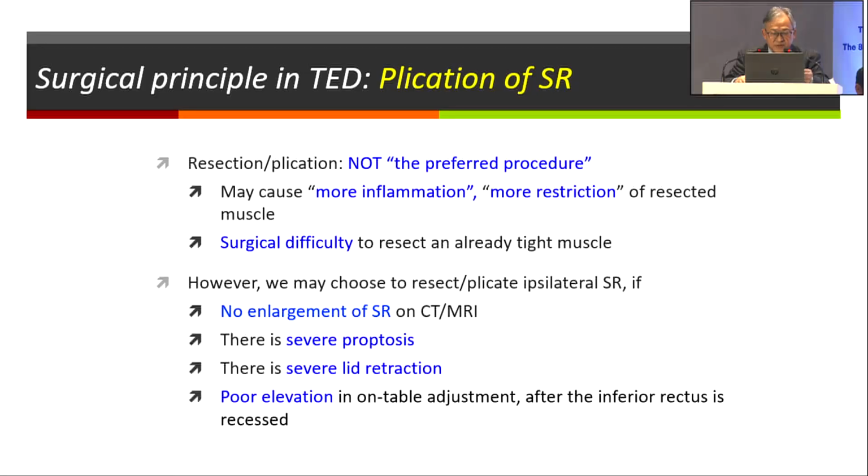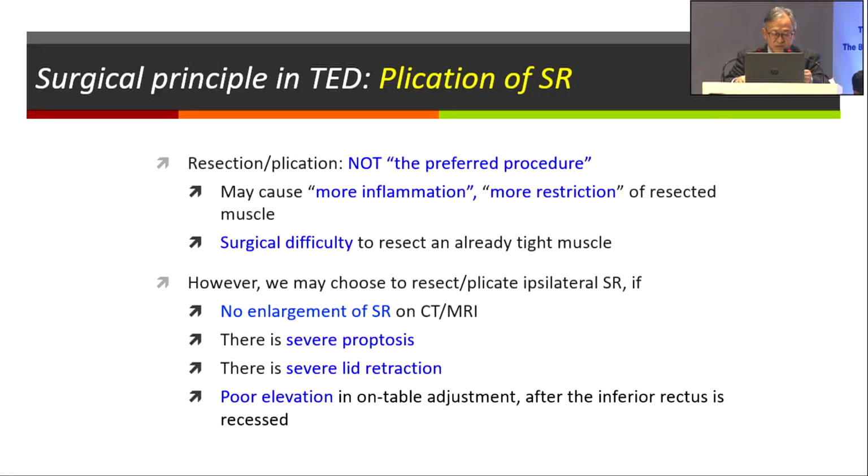Plication or resection is not the preferred procedure for TED because it may cause more inflammation or even more restriction, and there's also surgical difficulty in resecting an already tight muscle. However, sometimes we may choose to resect or plicate the ipsilateral superior muscle if there is no enlargement of the superior muscle and if the patient has severe proptosis or severe lid retraction in the upper lid.